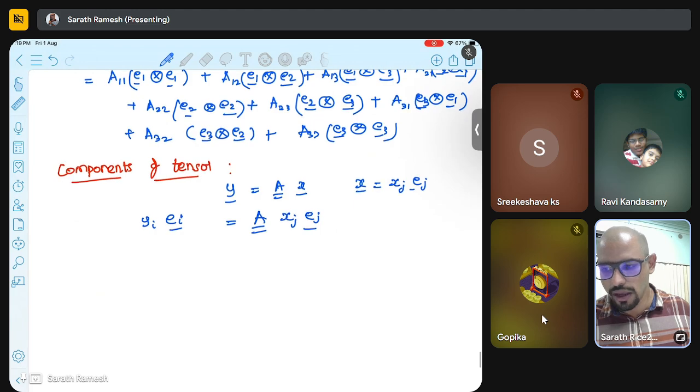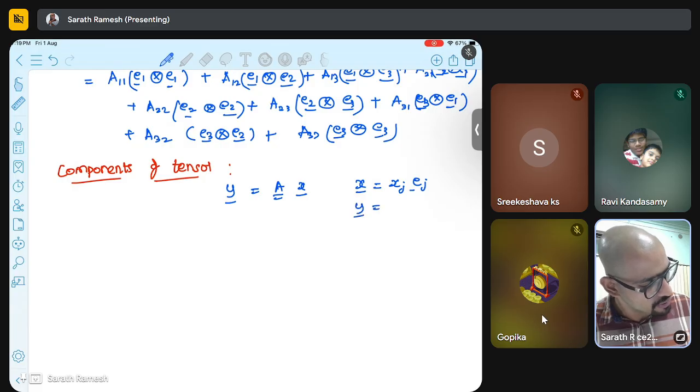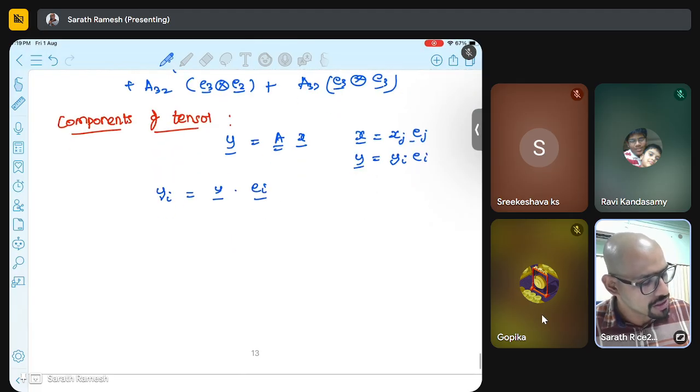Suppose I want y_i. What is the ith component of y? It is the y vector dotted with e_i, right? The projection of the y vector along the e_i axis. That's the definition of the dot product. So substitute it back.